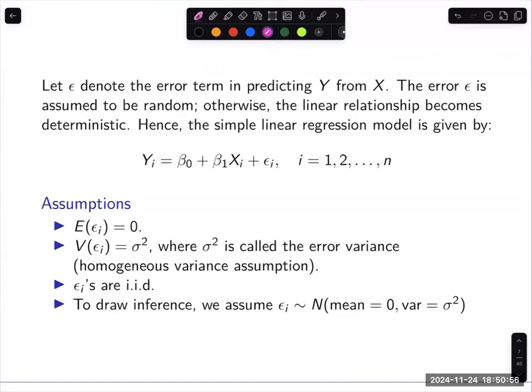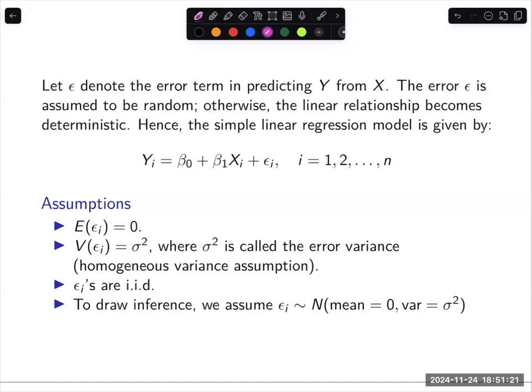We also know that in real life, we may have random fluctuation in the data. That's the reason why we introduce the random error term epsilon, which is going to appear in predicting y using x.